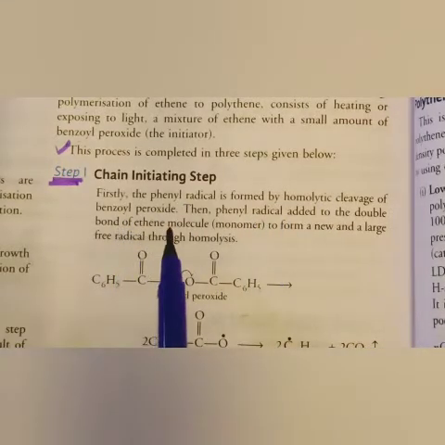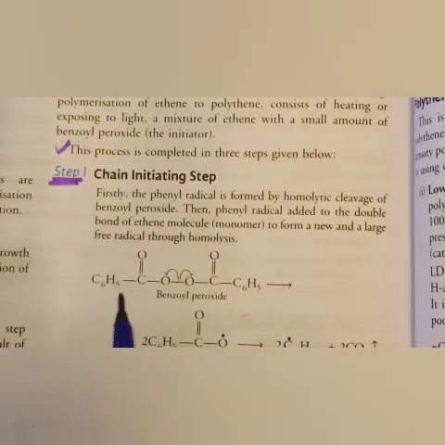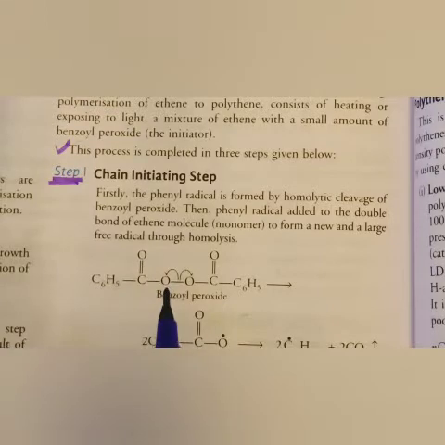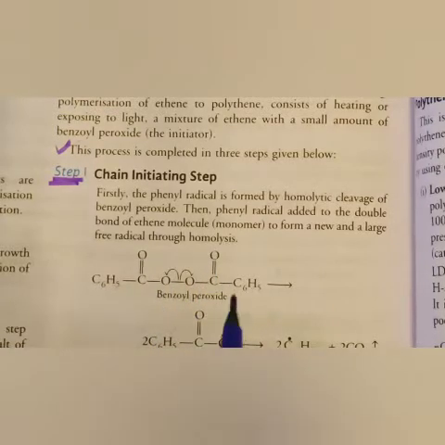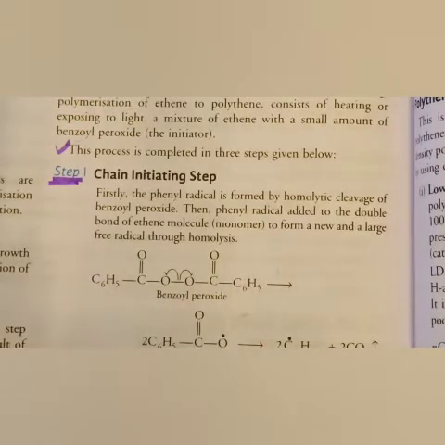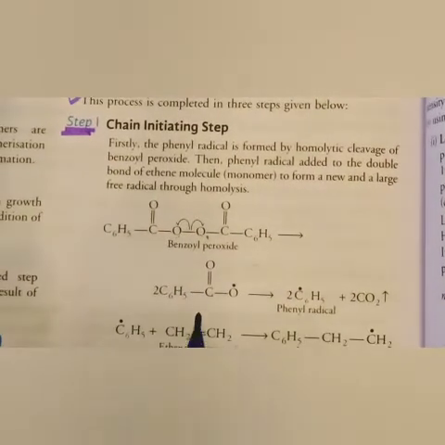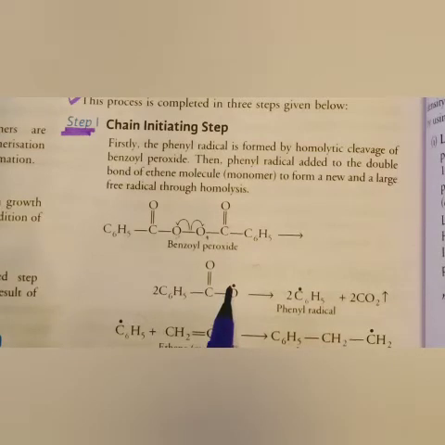Suppose this is benzoyl peroxide, C6H5 C double bond O O C double bond O C6H5. This will break between oxygen and oxygen, and once it breaks, each oxygen will have a free radical.